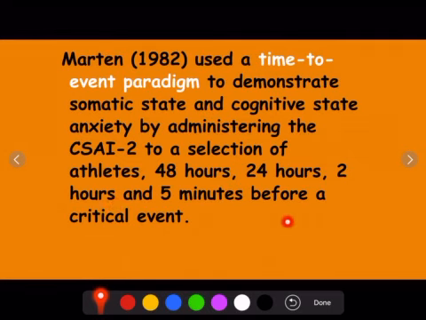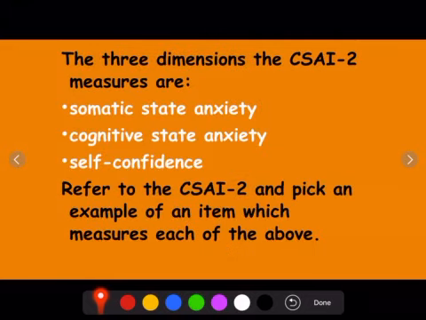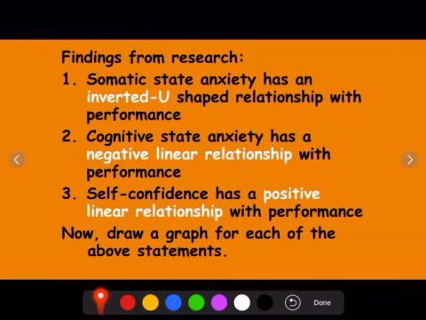So ask them to do this several times. The 3 dimensions that the CSAI2 is measuring are those 3 as we've mentioned. And the findings were: the somatic state anxiety has an inverted U-shaped relationship with performance. Cognitive state anxiety has a negative linear relationship with performance, and self-confidence has a positive linear relationship with performance.